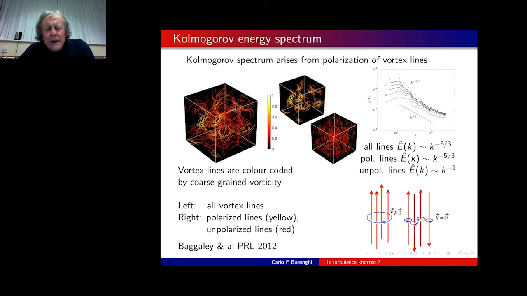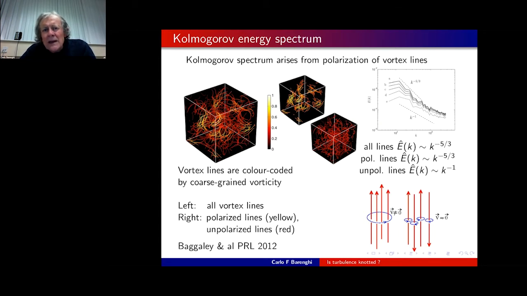On the left, you see a computed vortex tangle of quantum turbulence with all these vortex lines, which have been color-coded by their interaction. When you see yellow, it means that the vortices tend to be parallel to each other and therefore rotate around each other, so there are regions which form some kind of bundles. It's like the green vorticity regions you saw in the first movie. The velocity field can adapt because the vorticity of these various discrete vortex lines is parallel to each other.